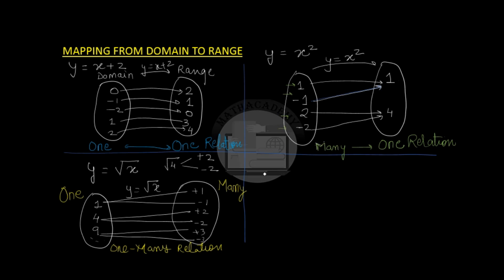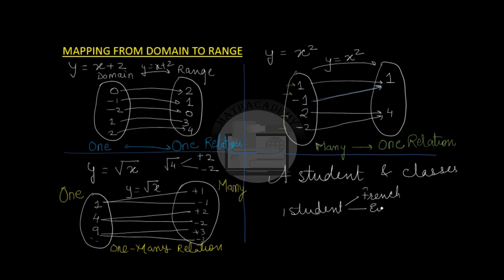An example is students and classes. One student can go to many classes, for example a French class, an English class or a math class, and each class can have many students.